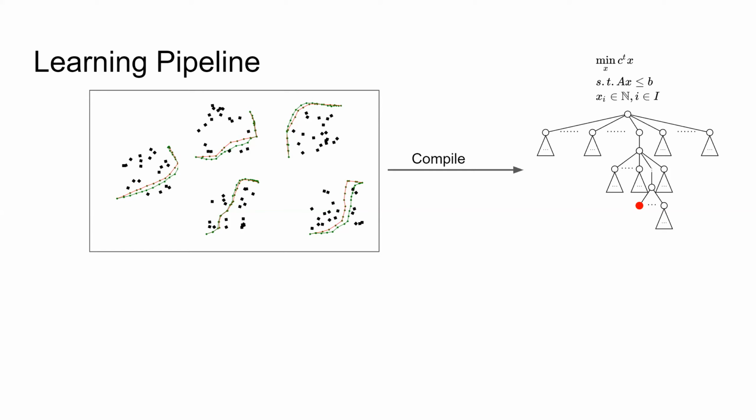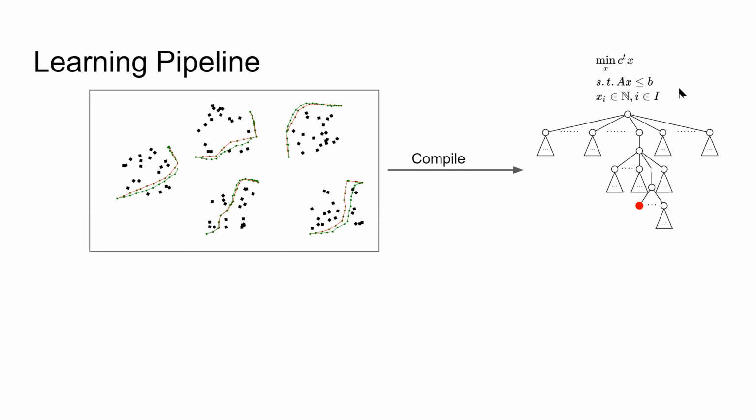Given such a collection of instances, we can transform them into, in this case, integer programs. I'm writing this in a very generic form, an integer linear program, because the objective is linear and the constraints are linear as well. Once we have the integer program, we apply within this framework the branch and bound process, which at a high level is a tree search process.